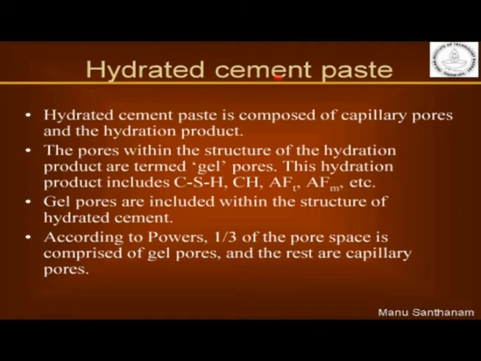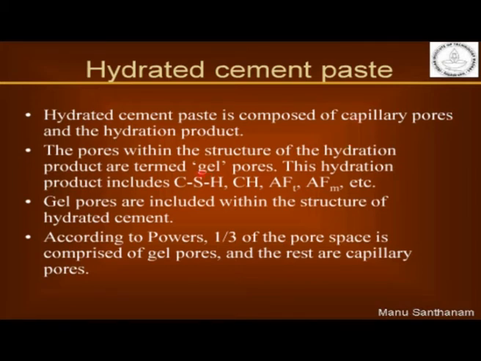Now apart from capillary porosity, the solid hydration product itself, like CSH, which we called earlier a gel, also has some porosity within its structure, and that is called gel pores. So you have capillary pores and then you have gel pores.